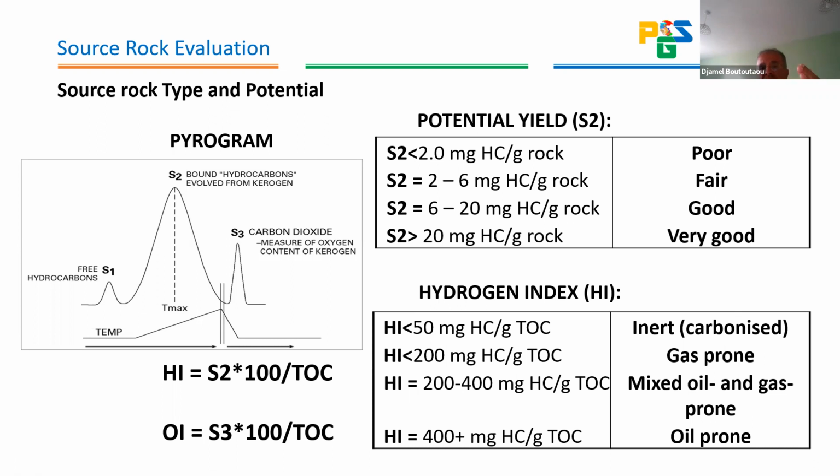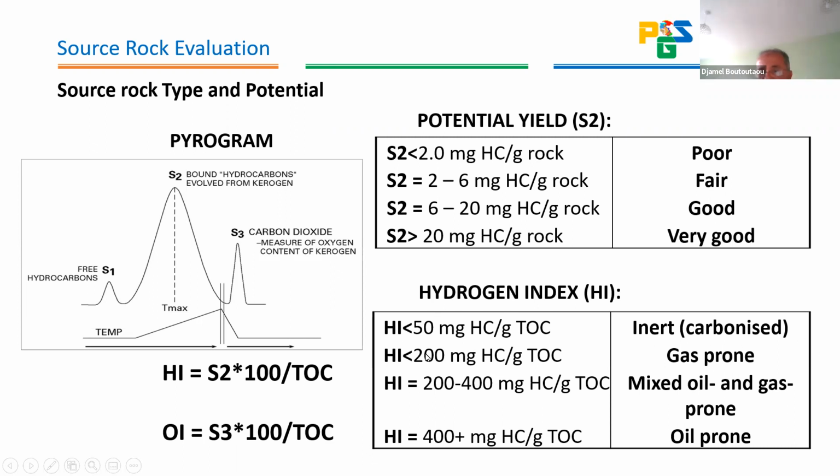That means the initial hydrogen index was maybe 400 and plus, but because the source rock became mature, it generated oil, condensate, gas, and now it has exhausted, has finished the job. So all the values here are applicable for immature source rocks, before the source rocks start to generate.